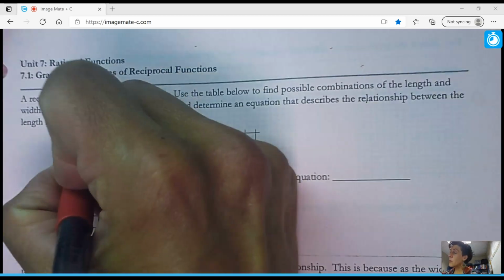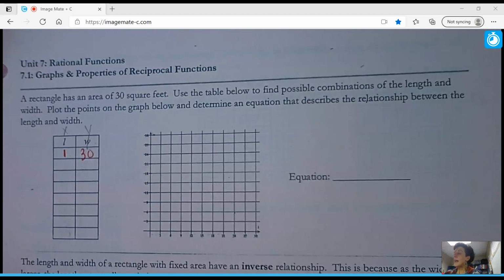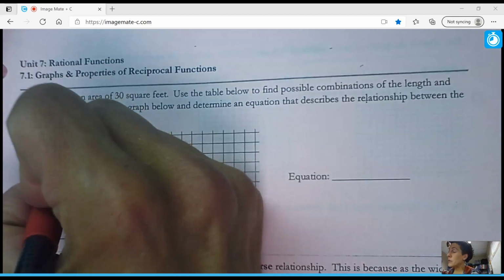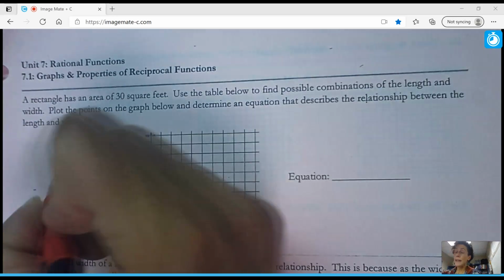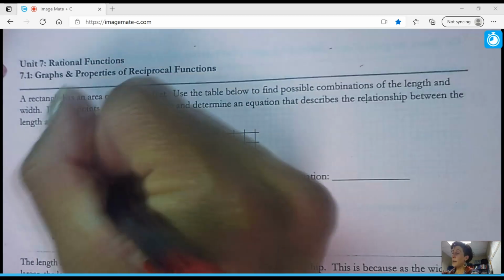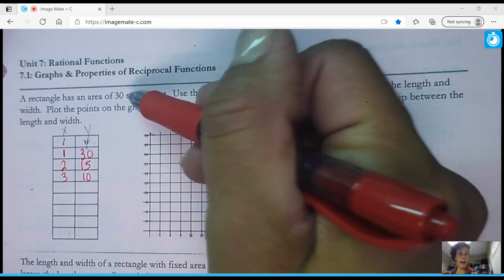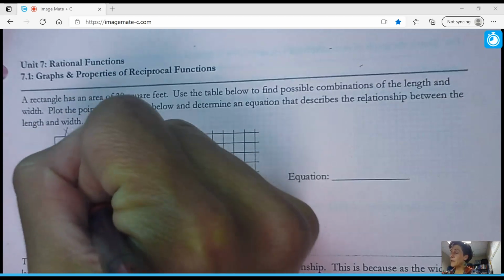So 1 times 30 gives that area of 30. Another nice number is 2, so 2 times 15. If I pick a length of 3, then 3 times 10. I'm only going to pick factors that multiply to give me 30, so I'll jump to 5, and then this would have to be 6.